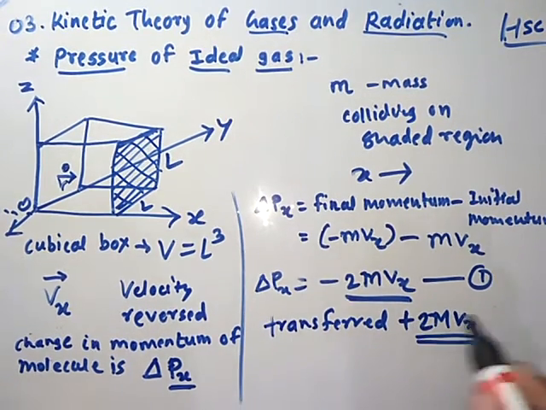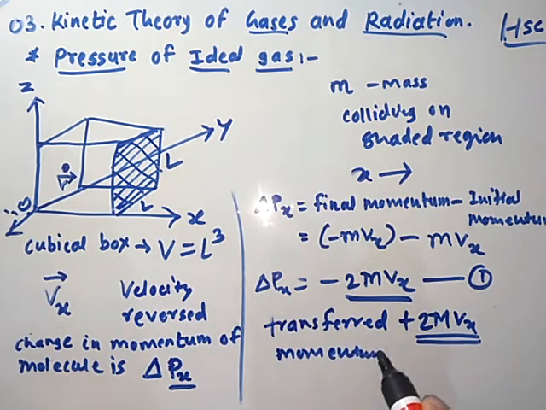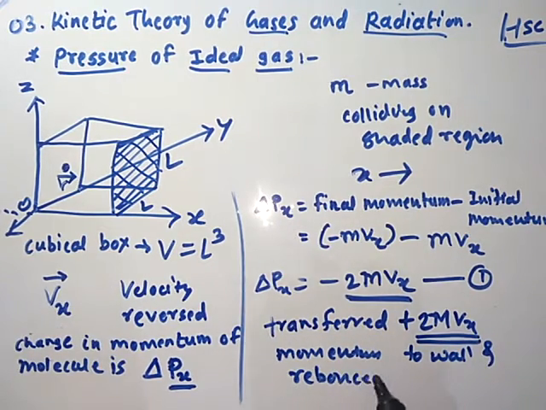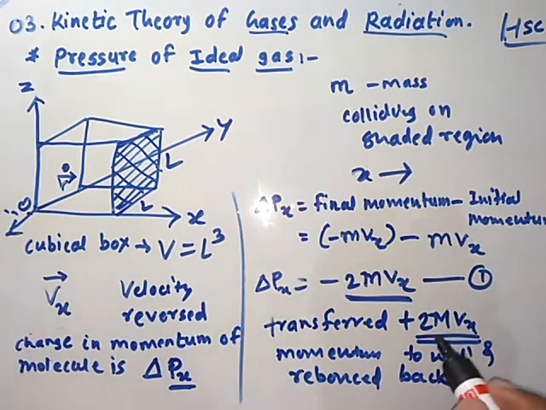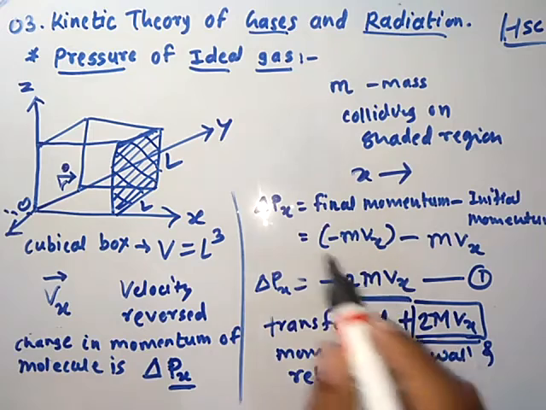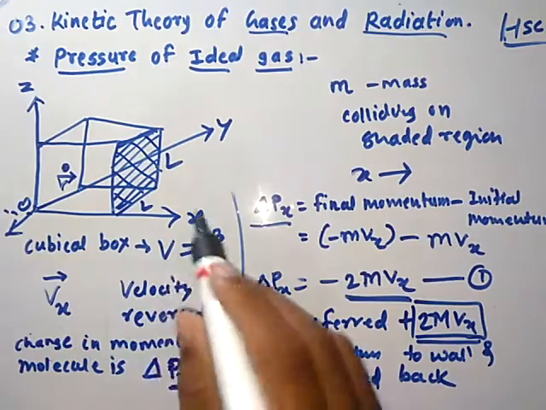It transferred this positive 2 m vx amount of momentum to the wall and rebounded back. So this much positive 2 m vx of momentum is transferred to the wall. Remember, the change in momentum of the particle delta px is minus 2 m vx, but that momentum is transferred to the wall, so the change in momentum is positive 2 m vx along the positive x direction.